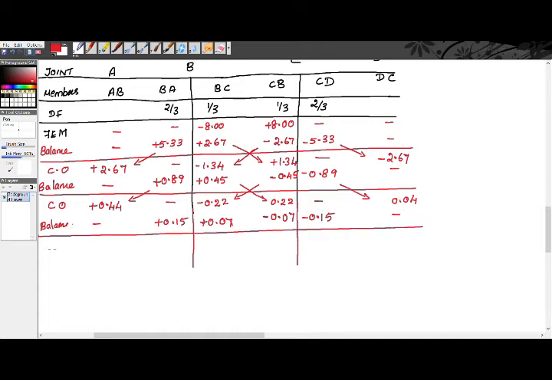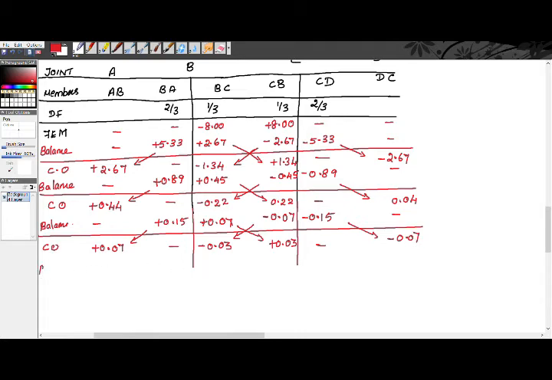Again we will go for carryover. So half of BC will be carried. So we get plus 0.07, minus 0.03, plus 0.03, and minus 0.07.